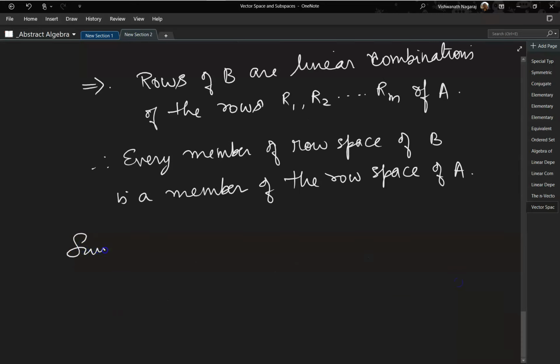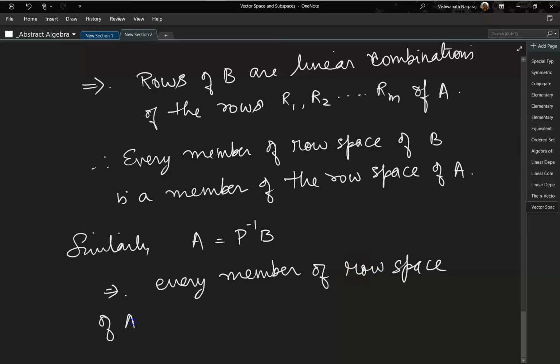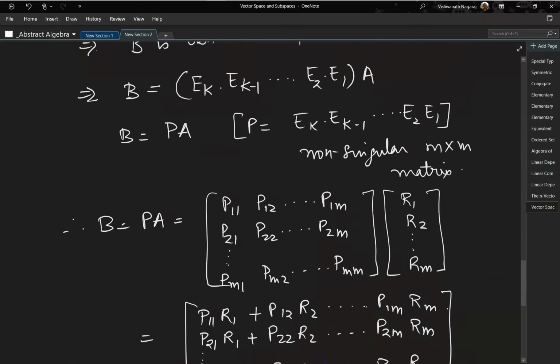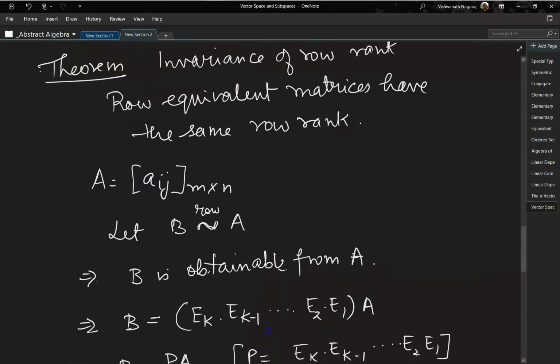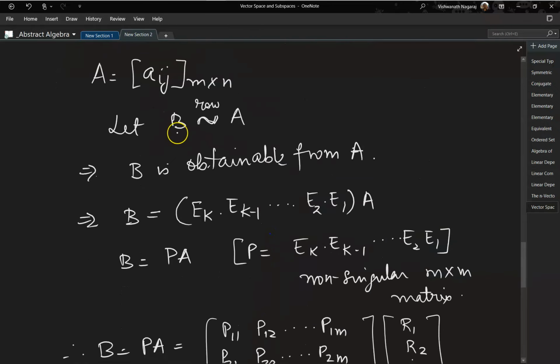Now, similarly, if we do something like this, P inverse of B implies that every member of row space of A is also a member of row space of B. So here, what did we do? We arrived at a row equivalent.